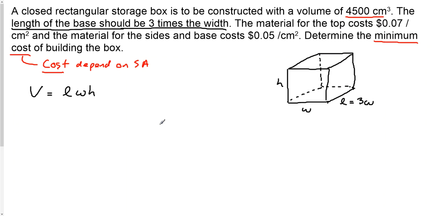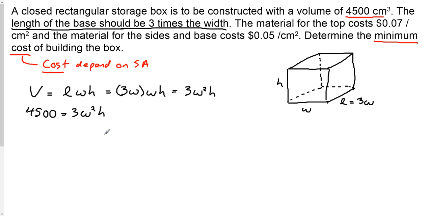And in this volume expression, we can just replace our length with 3w times width times height, or 3w squared times h. And we know that that is going to be equal to 4,500.